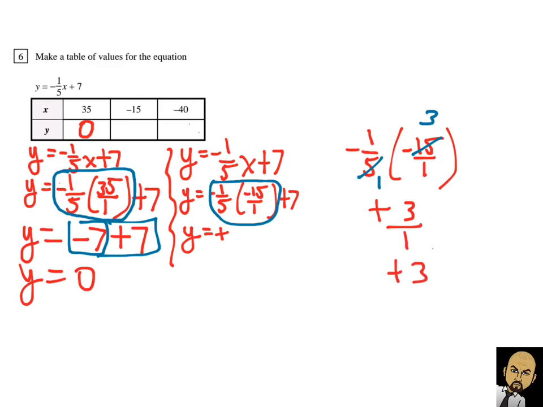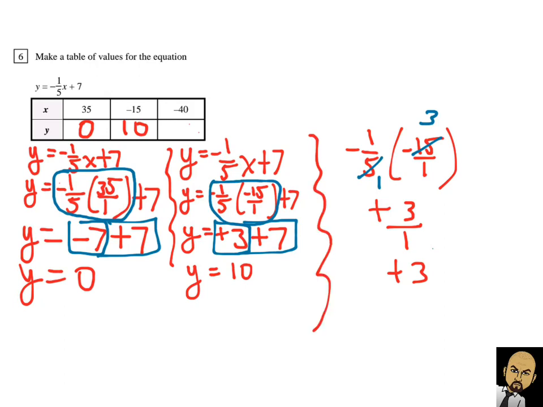That's negative 1 times negative 3 on your numerator, and you end up with positive 3 once, which is positive 3. And then you write that in, and you use war and peace. Now, I used war and peace here, but everybody knows that 3 plus 7 equals 10. So when x equals negative 15 in this equation, y ends up equaling positive 10.